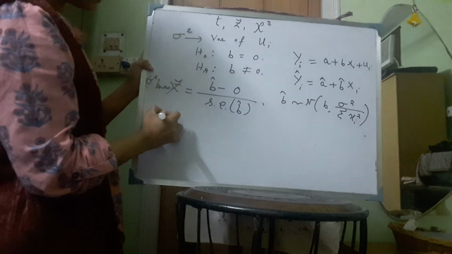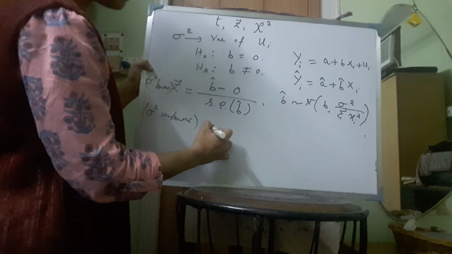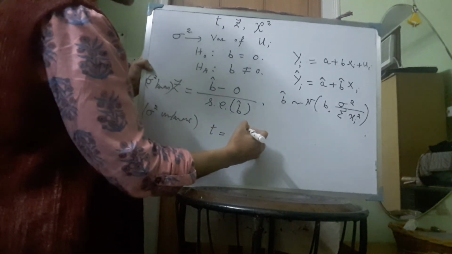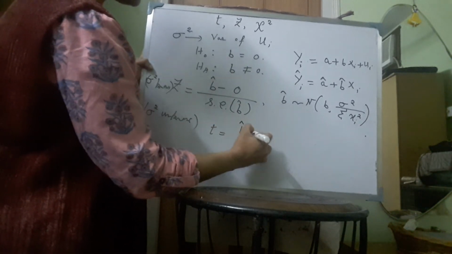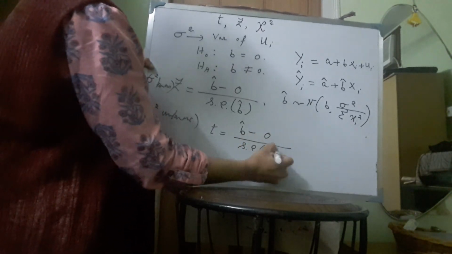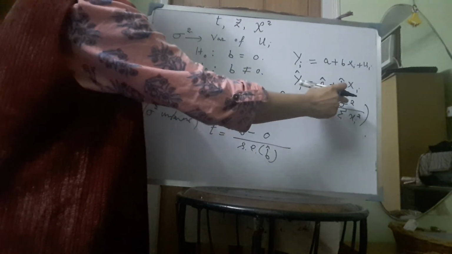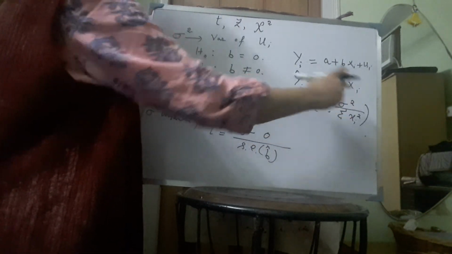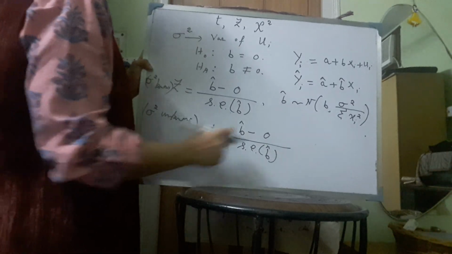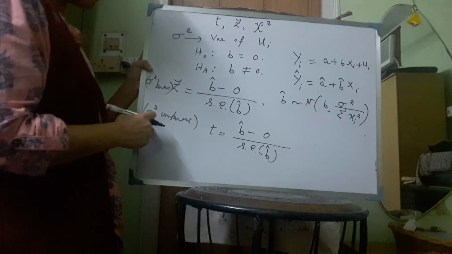Now when sigma square is unknown, then we cannot form the Z statistics. In that case, we have to form the T statistics. So T will be equal to b hat minus 0 by standard error of b hat, but in place of the standard error of b hat we write sigma divided by under root of summation of xi square. Sigma will be replaced by sigma hat, because sigma is not known here.